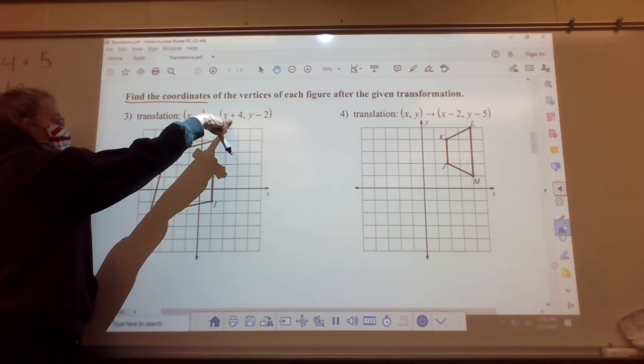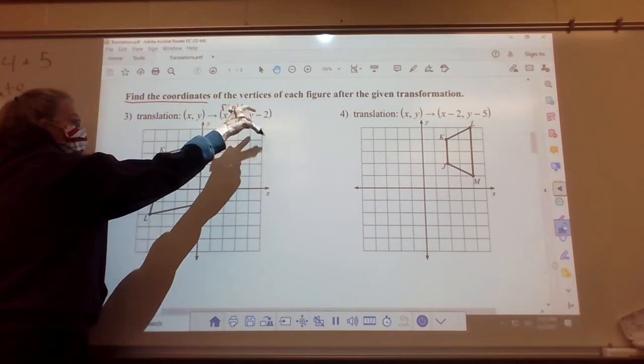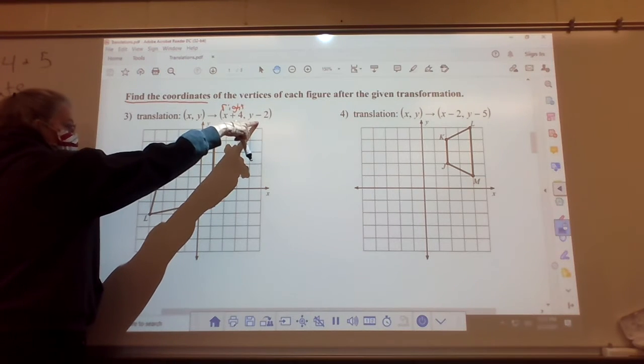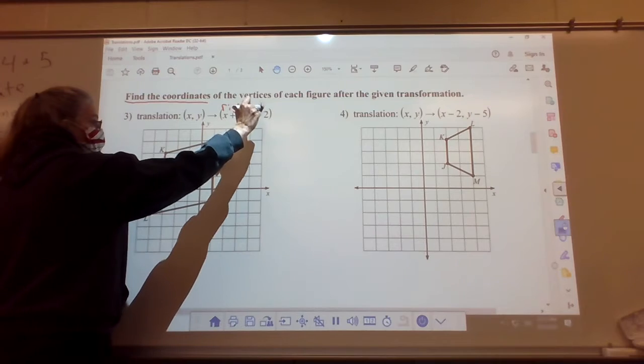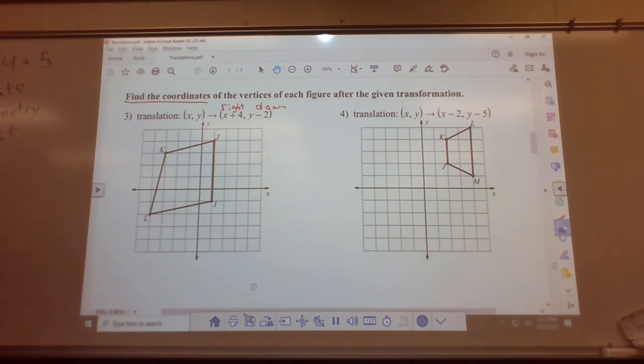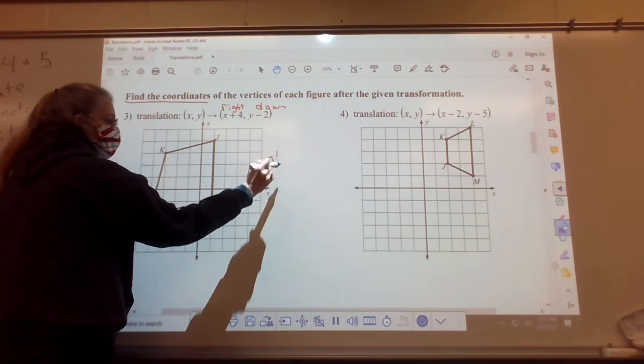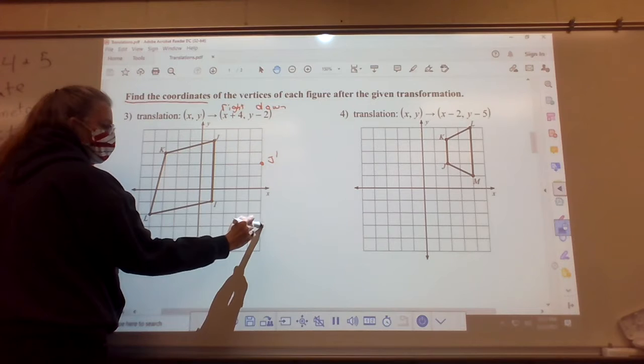If it's an x plus 4, what direction am I going? To the right. If it's a y minus 2, what direction am I going? Down. So each one is going right 4, down 2. That's my new J. Right 4, down 2.